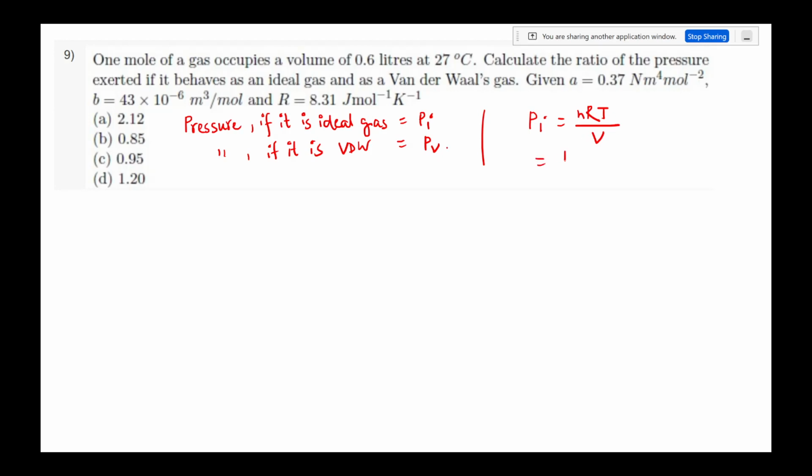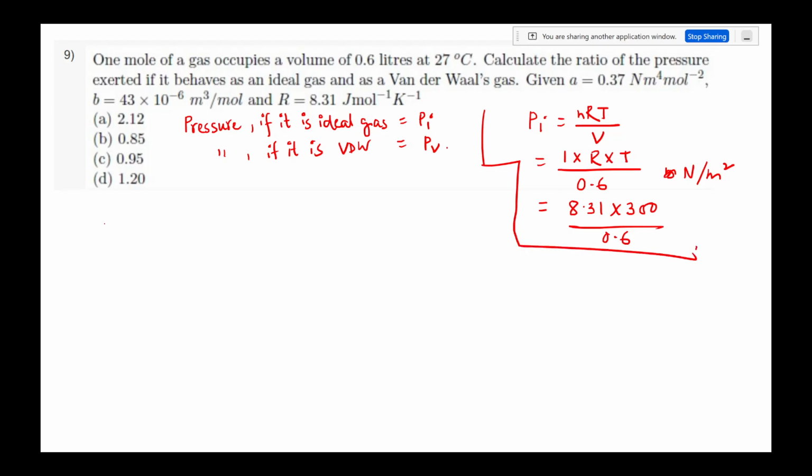So n is 1, R is given, RT by V, where V is 0.6. In Newton per meter square, R is 8.31, temperature is 300, and this is 0.6. So this will be Pi.